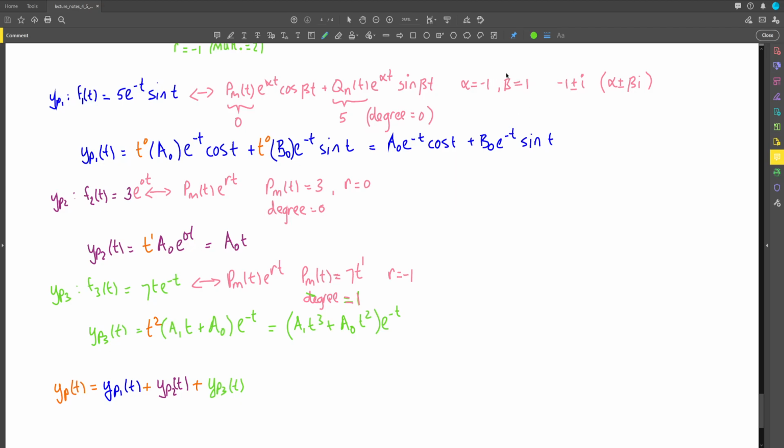I'll just put these values in red. I'm going to call this A, I'm going to call this B, I'm going to call this C, I'm going to call this D, I'm going to call this E.